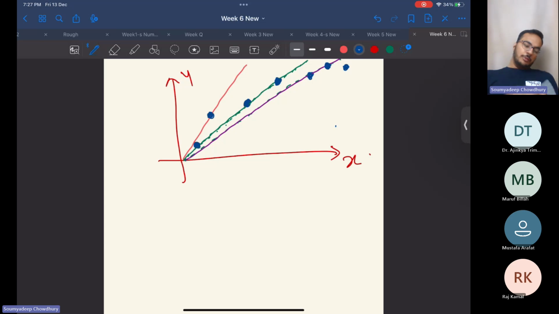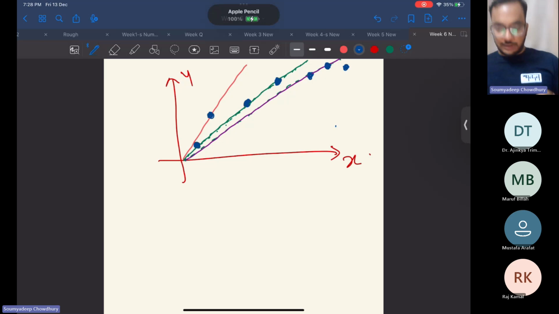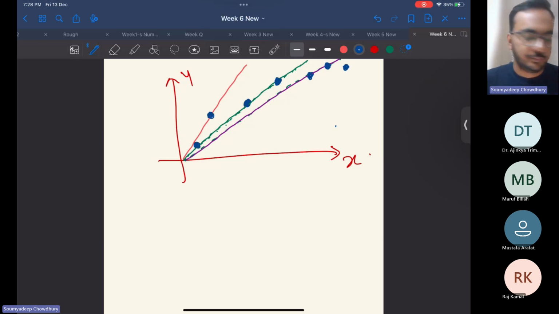After regression, we will see another topic which is known as interpolation and extrapolation. There I will tell you the difference between regression and interpolation. Okay, so for the time being, let us concentrate on what is regression and let us try to understand.